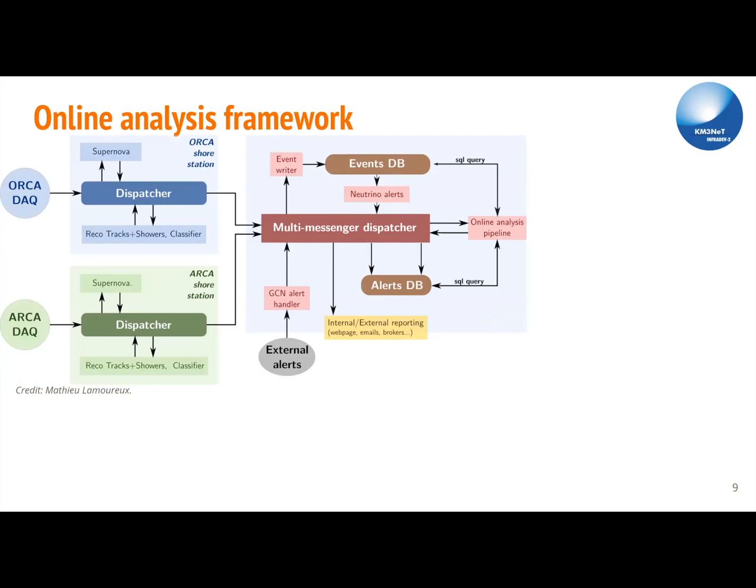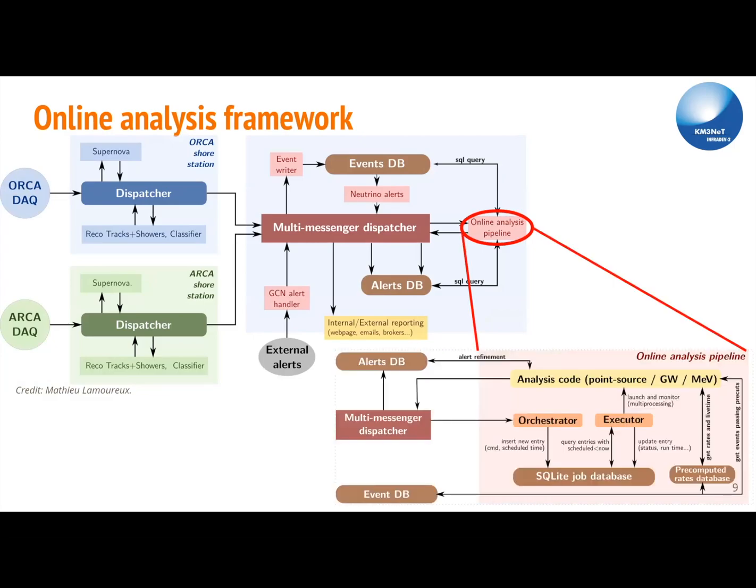And the multi-messenger dispatcher will also receive and listen to external alerts. If needed, it will trigger the online analysis pipeline, which will run the point source analysis. And then the data will be sent back to the multi-messenger dispatcher for further broadcasting if needed, so internally or externally at some point through a notice one day and through a circular if needed.